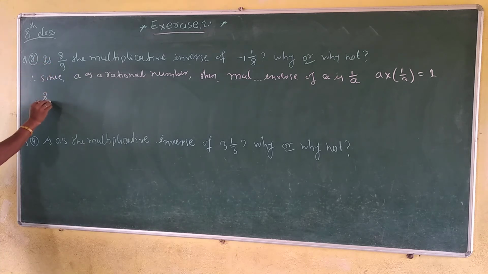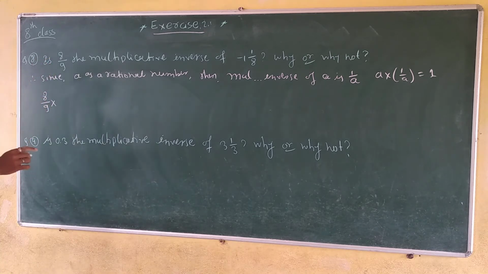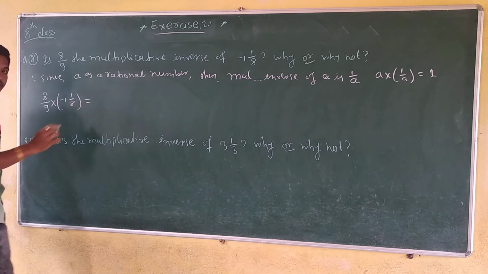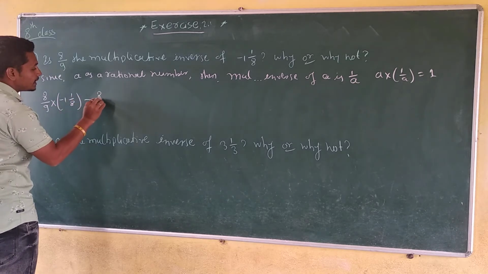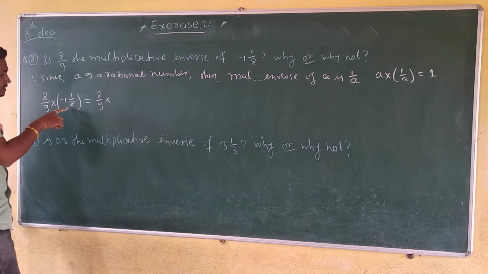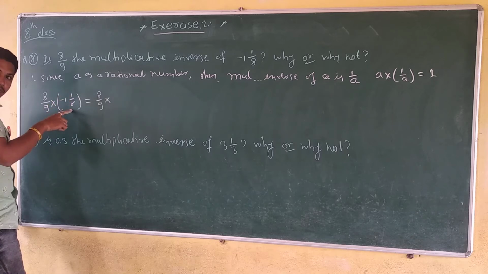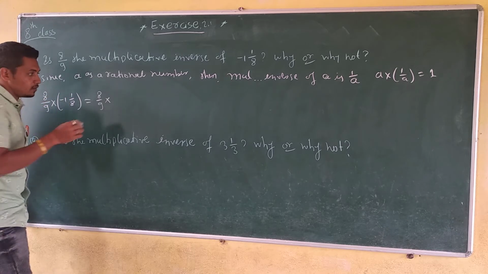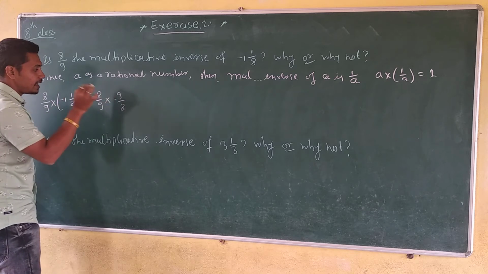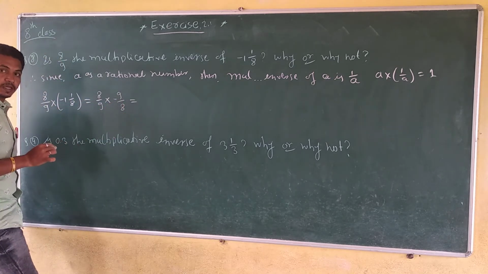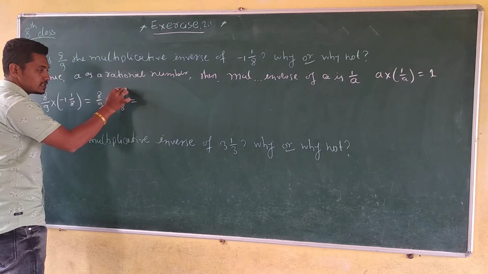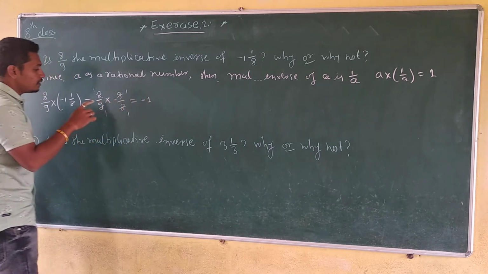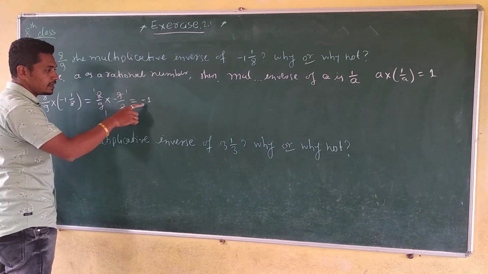8 divided by 9 into minus 1 1 divided by 8, which is minus 9 divided by 8. 8 ones are 8, 8 plus 1 is 9, so minus 9 divided by 8. Then 9 ones are 9 and 8 ones are 8, so the product of 8 divided by 9 and minus 9 divided by 8 is minus 1.